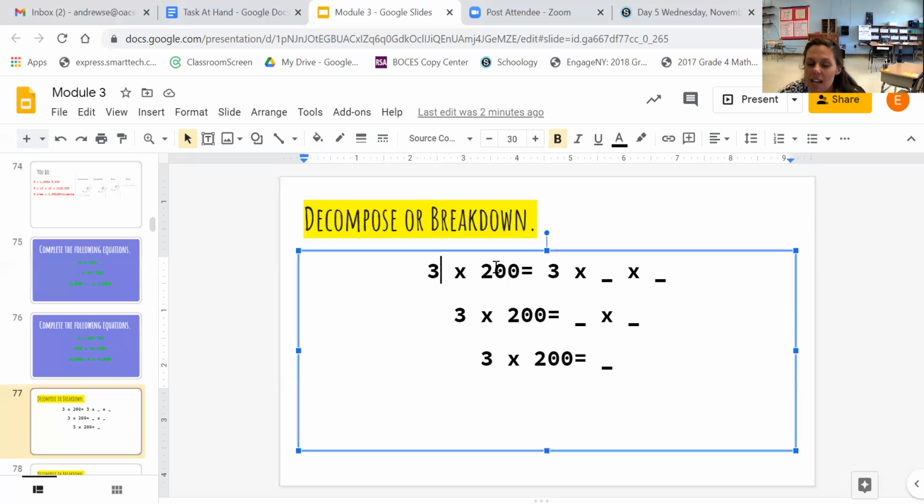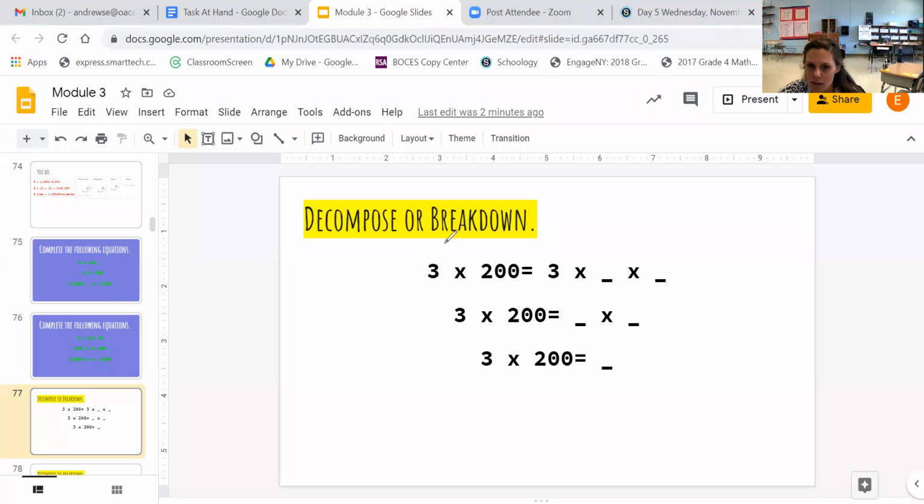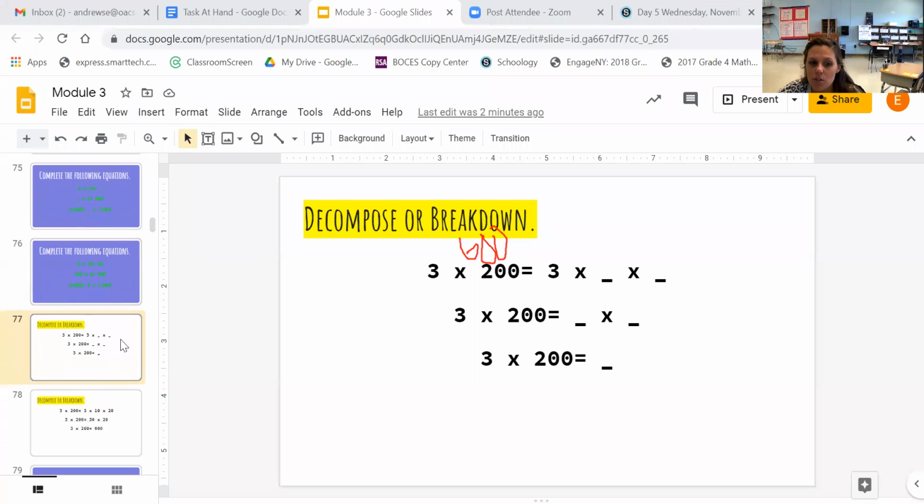So 3 times 200, I know 3 times 2 is 6. Add my 2 zeros. So this side is equal to 600. So if this side is equal to 600, I need to make this side equal to 600, okay?